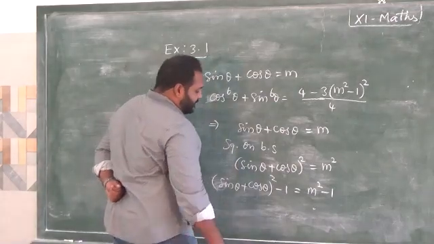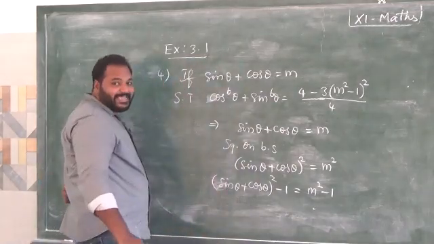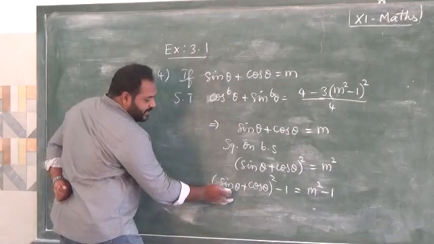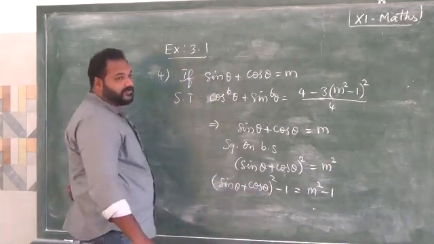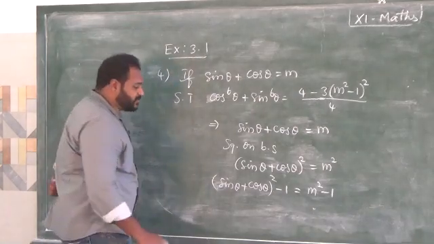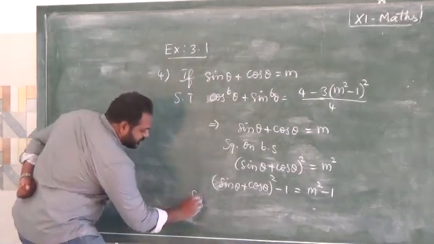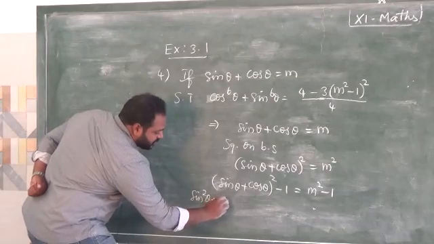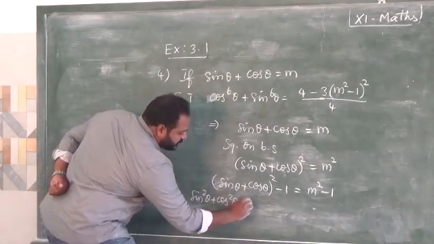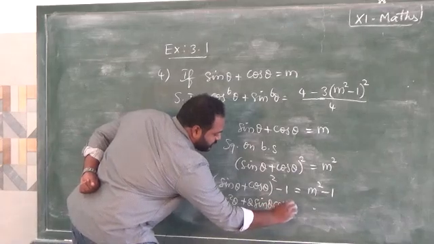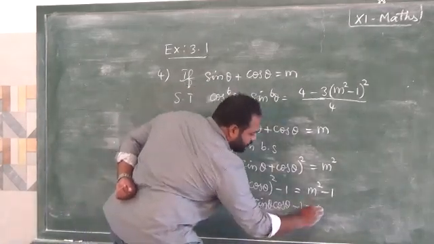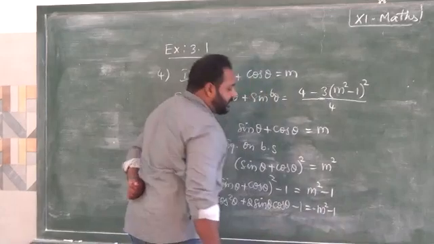Minus 1. Next I am going to expand this using the (a plus b) whole square formula. A considers sin theta, b considers cos theta. (a plus b) whole square formula is a square plus b square plus 2ab. So here sin square plus cos square plus 2 sin theta cos theta minus 1 equal to m square minus 1.